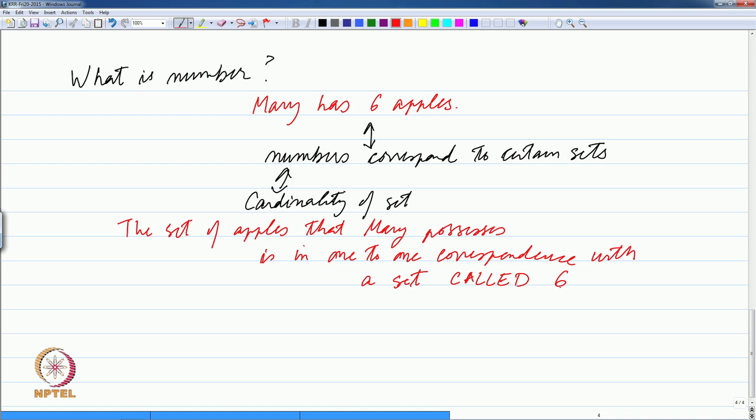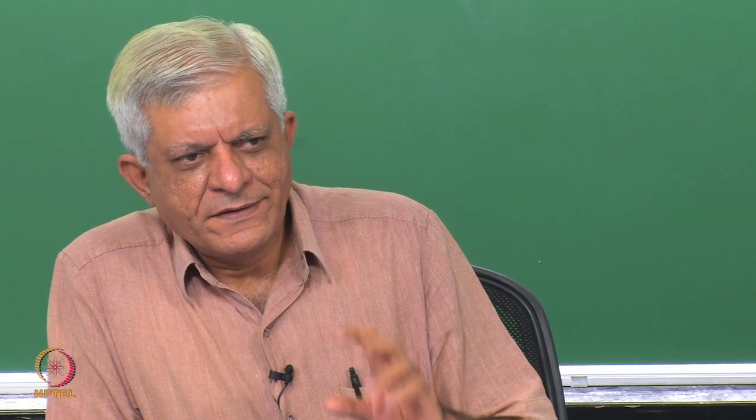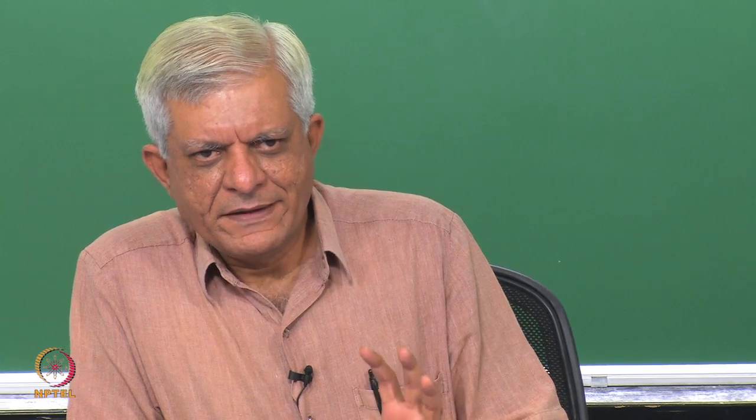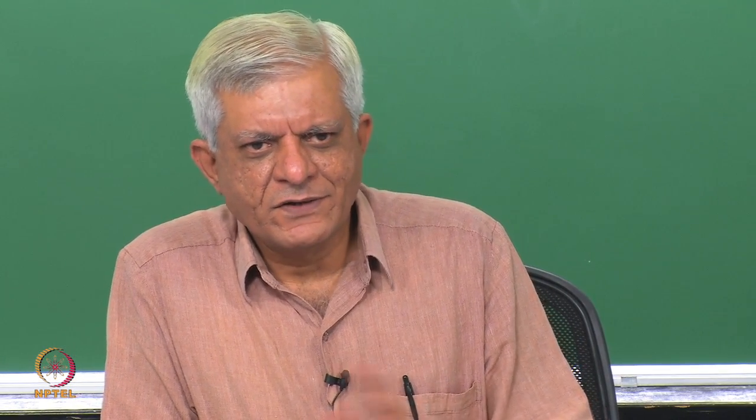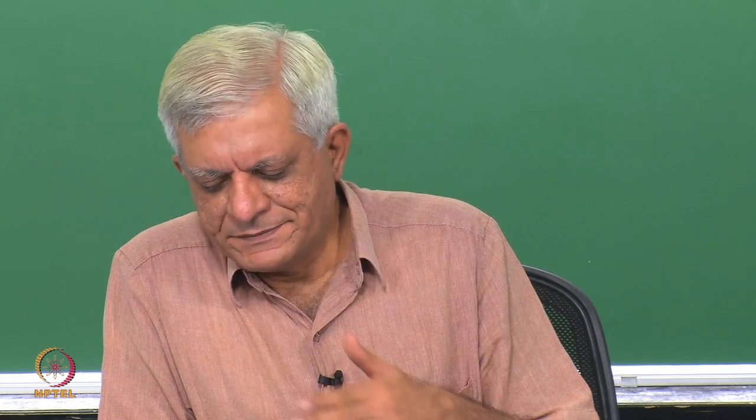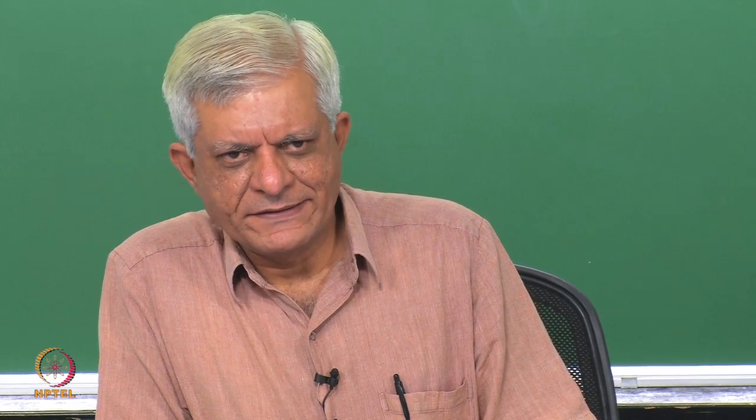So, this 6 is the name of a set, and essentially when I say that Mary has 6 apples, what I am fundamentally saying is that the set of apples that Mary has is in 1-to-1 correspondence with a set which I will call 6 essentially.